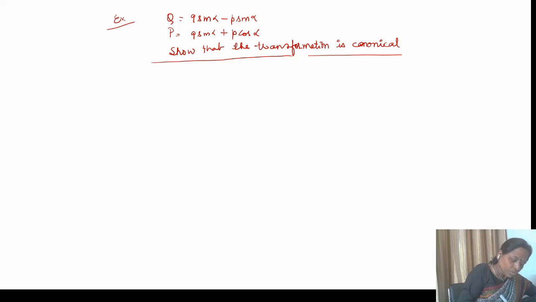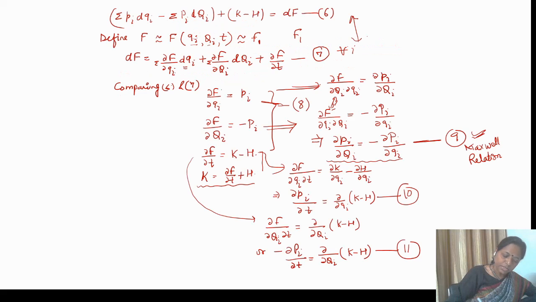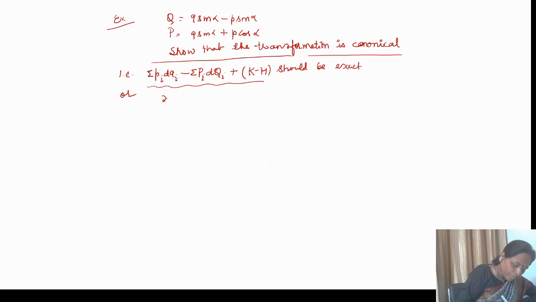So one way to show that the transformation is canonical is that sigma pi dqi plus k minus h should be exact. Or with the help of this relation, I have found that delta pi delta qi should be equal to delta capital Pi delta qi.